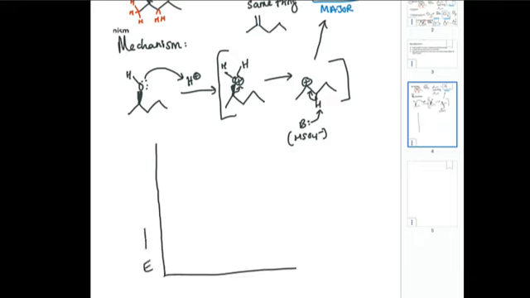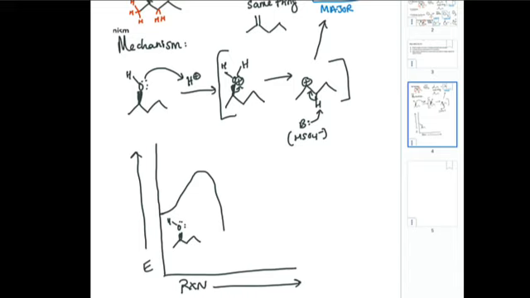Let's take a look. So our starting energy correlates with this alcohol. Energy is going to rise up and then fall back down, and then it's going to go ahead and go way back up again.